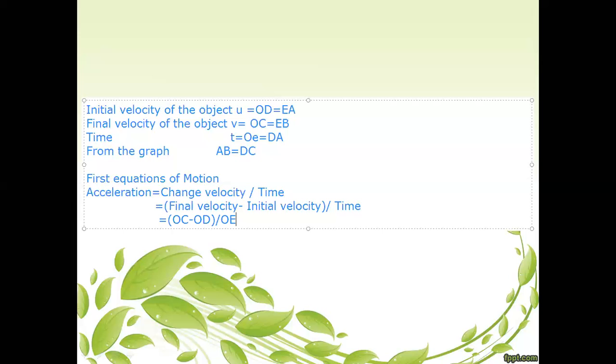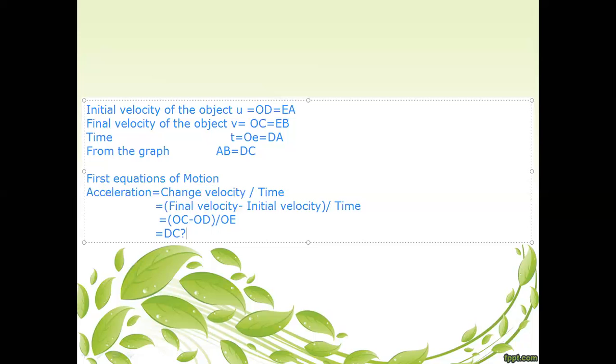So OC minus OD, where O cancels, gives DC. DC divided by OE, which represents the time.